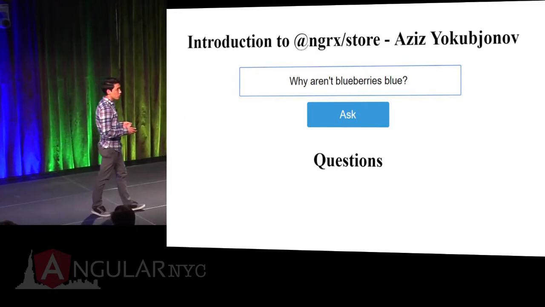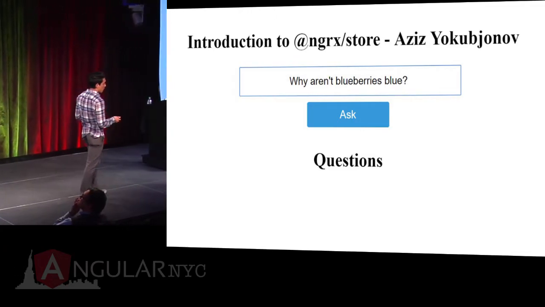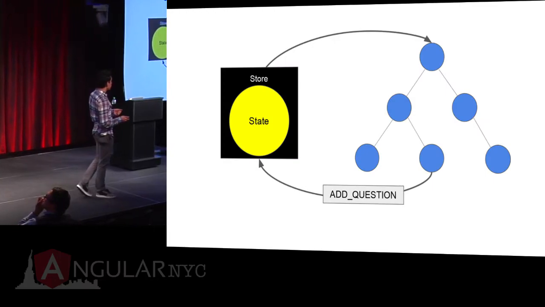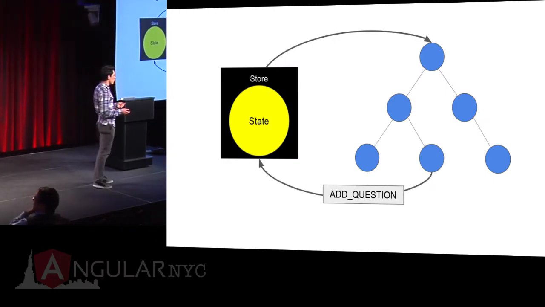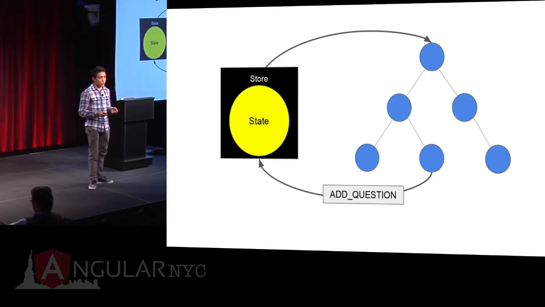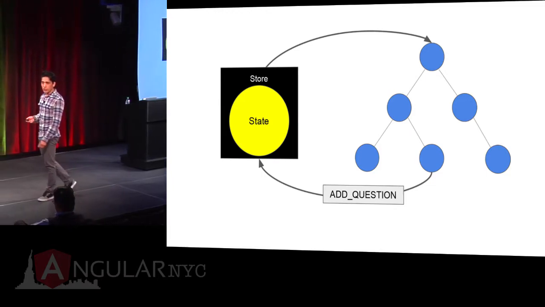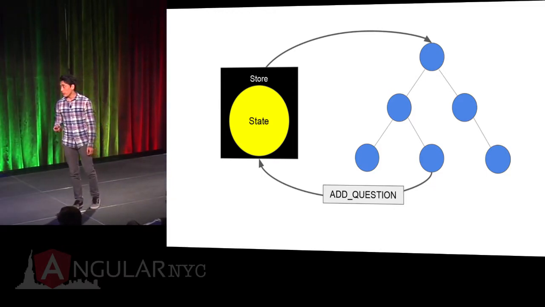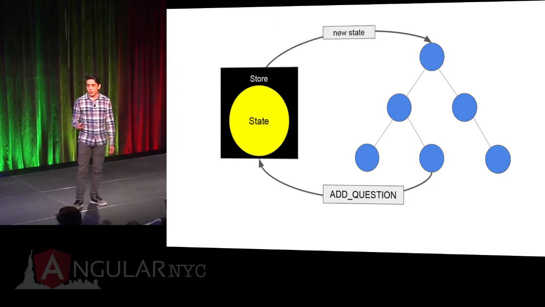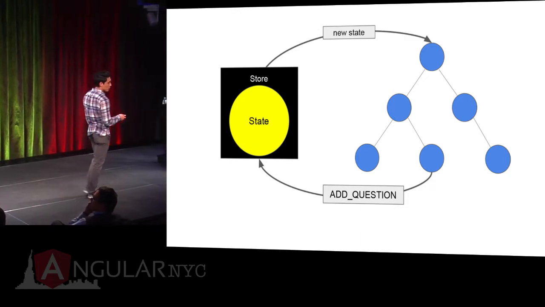However, with one-way flow and centralized state, we send an add question action to our store. This way, our components don't change the state. Instead, they tell the store that it needs to be changed and what needs to be changed. And the store, in return, gives a new and updated value to our components.